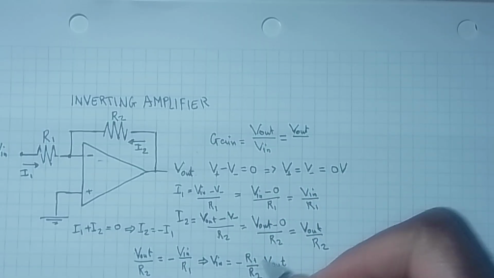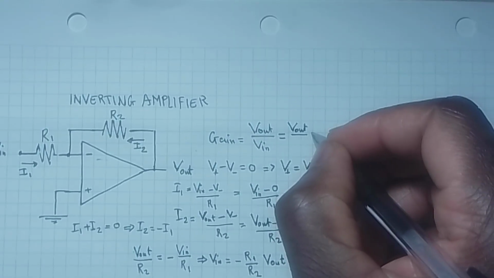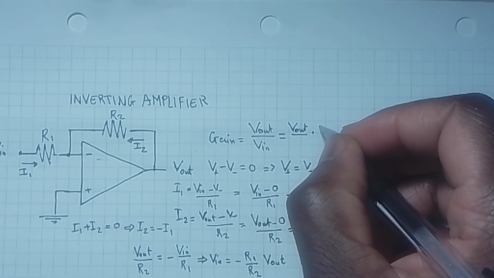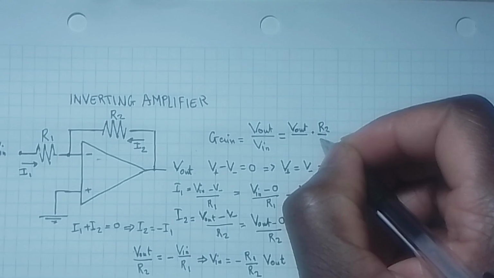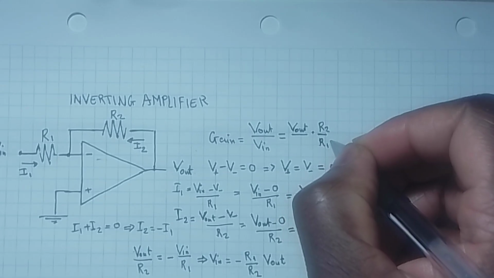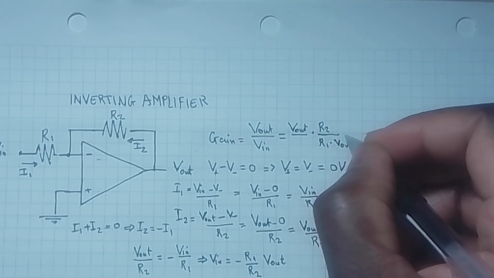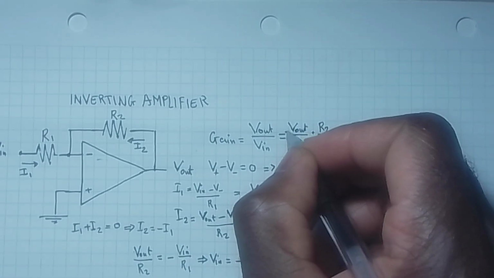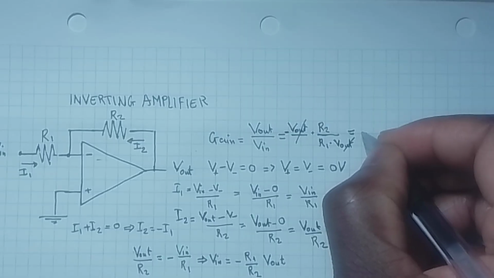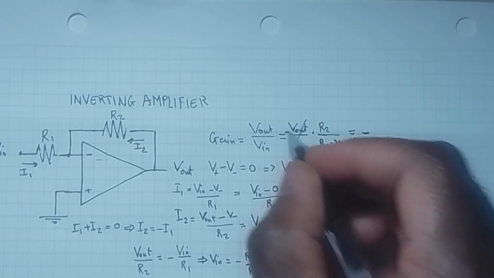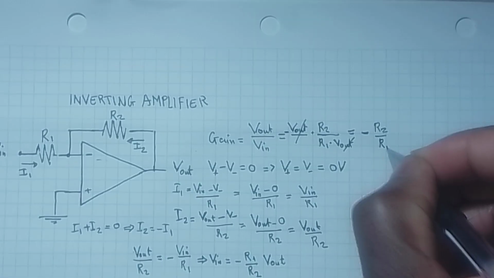V in is minus R1 over R2 times V out, so it will be times R2 over R1 times V out. We have to bring the negative sign here, remember. So V out will cancel out with V out, and we get the gain to be minus R2 over R1.